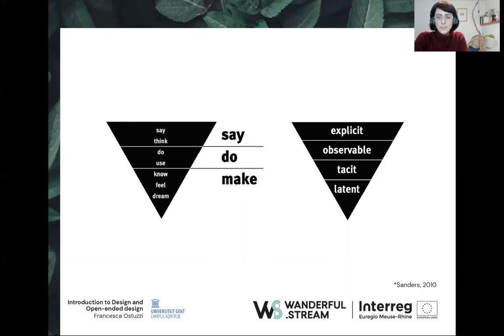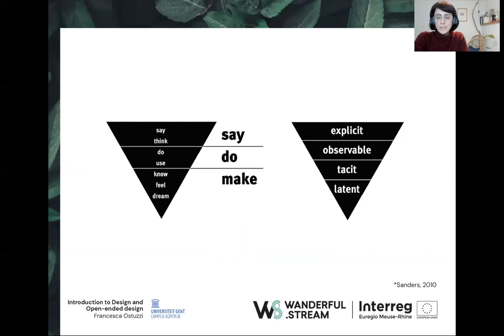So this is a summary of the kind of information that we can gather while we design. Some information is more superficial and more accessible to everyone, and it is the information that has been said and can be said and is very explicit. But if you start doing things and making people, for example, using things, well, then you can observe.